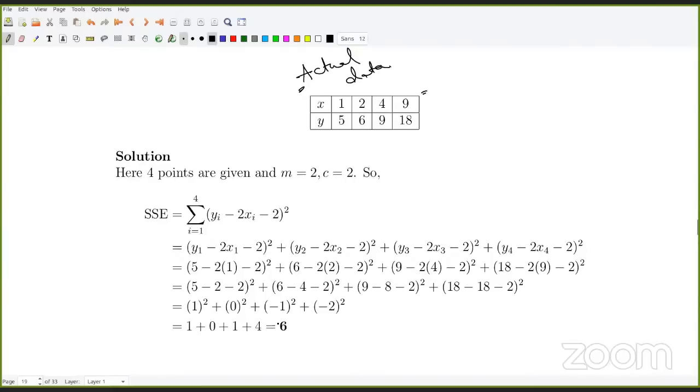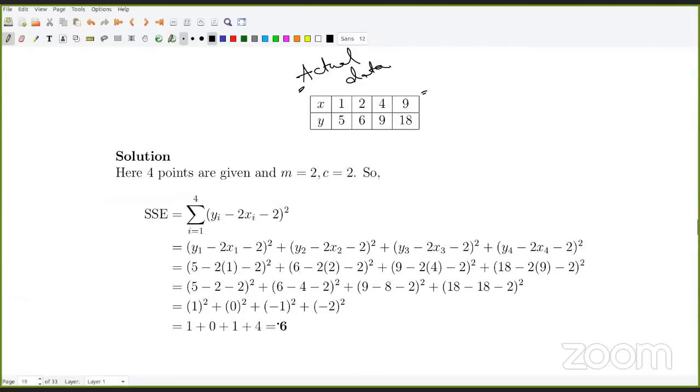Sir, just one thing, in this line we are putting the x value in that equation and subtracting it from 18, sir, or the y value? See, x are actually inputs which we can control. Y is actually the output which we cannot control.